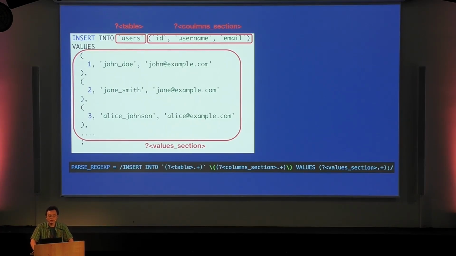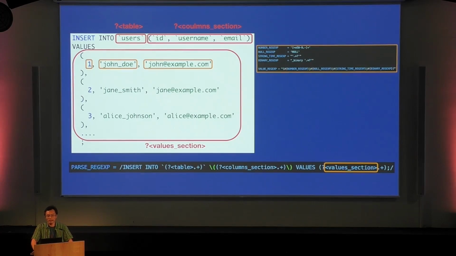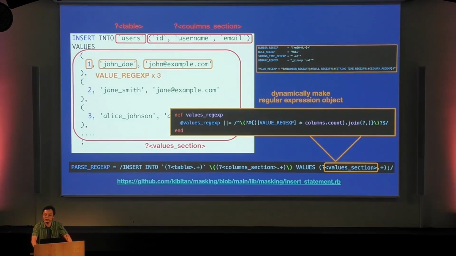But you already know how many columns there are, because it's 1, 2, 3. So prepare the regular expression for the value, and then multiply it on the fly. It's a kind of dynamically making the regular expression, and how many columns there are depends on the table.